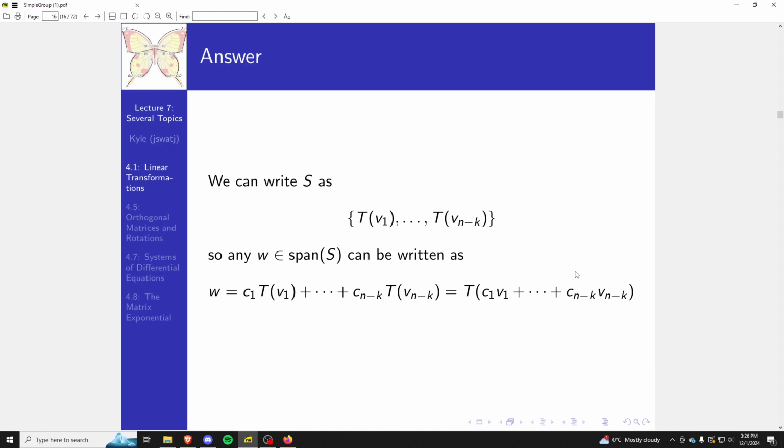I wrote it this way so that you can see the actual vector that creates W for any W in this spanning set. But because it's a subspace, it has to be part of the image.